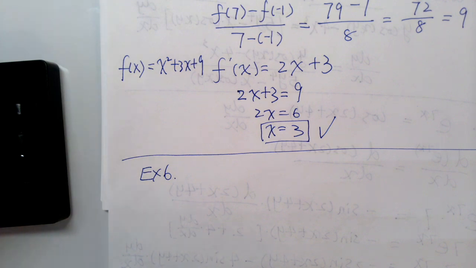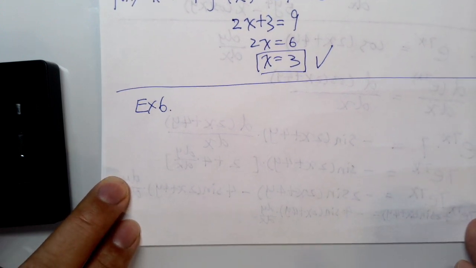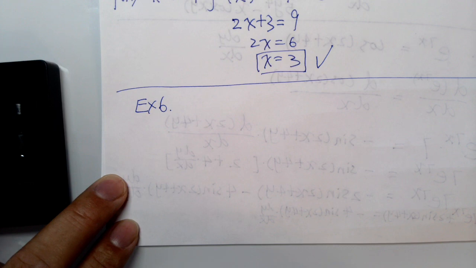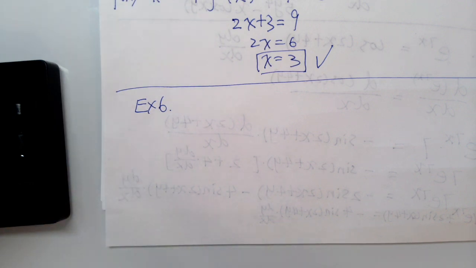Okay, so the next question, a general type of question you will see in test two, is they give you a function and ask you to find the critical point, and then ask you to find the corresponding increasing or decreasing interval.